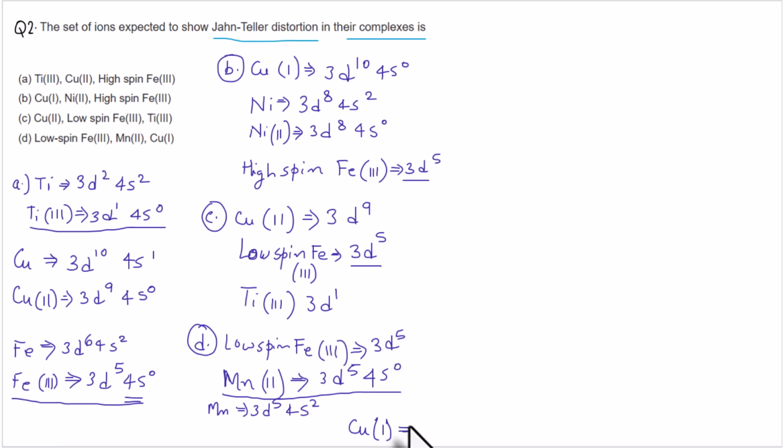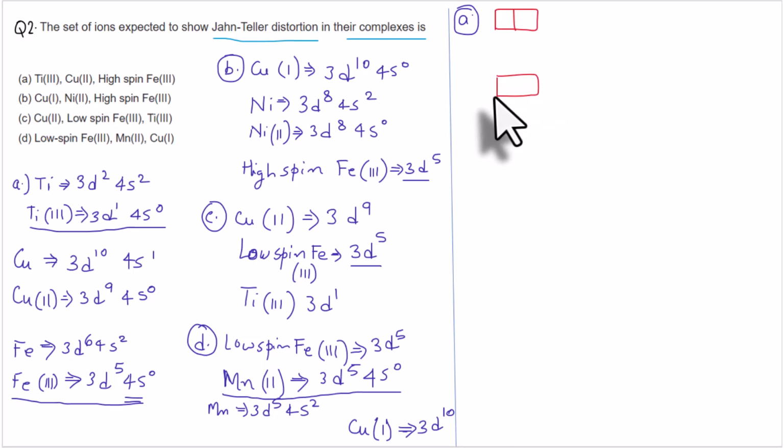Now we will check out the distribution. Going back to option A, it has titanium 3 with 3d1. Consider the distribution into T2g and Eg orbitals. In the case of titanium we have one electron, so obviously T2g is unsymmetrically filled.